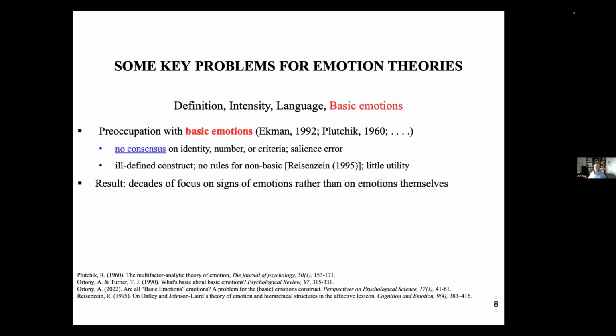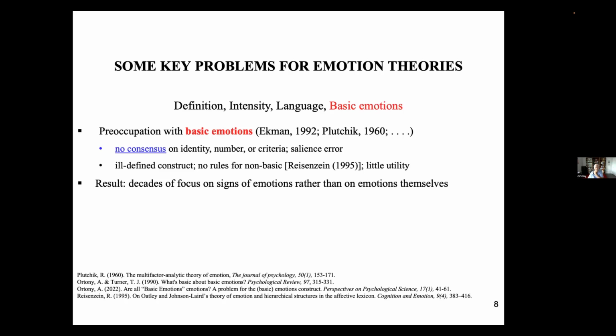Okay, finally, a topic that I don't want to go into in great detail because I've done so in a couple of papers elsewhere, most recently in a paper, Are All Basic Emotions Emotions? A Problem for the Basic Emotion Construct. But there has been a preoccupation for the last 30 or 40 years with the study of what are called basic or primary emotions.